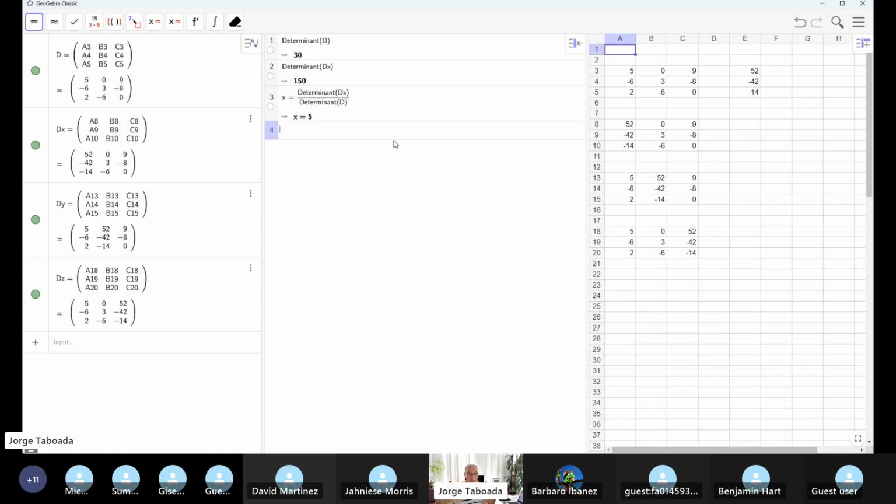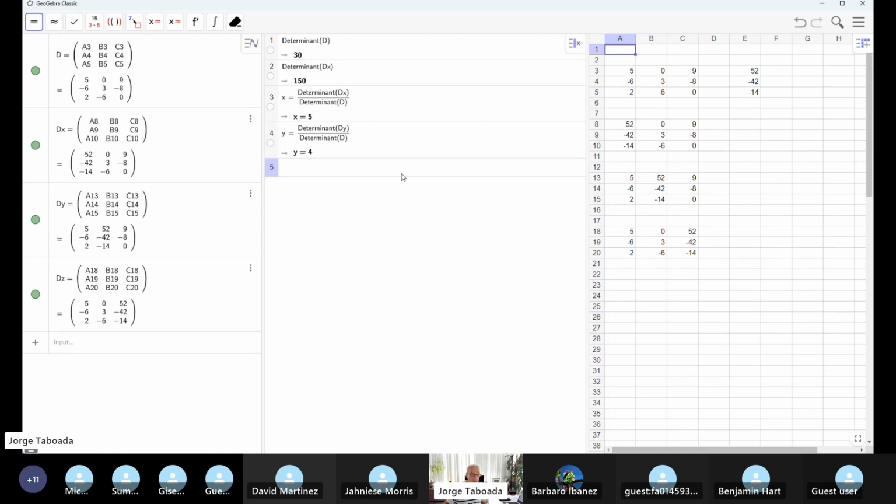Let's do y and z using that formula. So y would be equal to determinant of DY divided by, outside I copy division on my keyboard, determinant of D. It's the formula of Cramer.